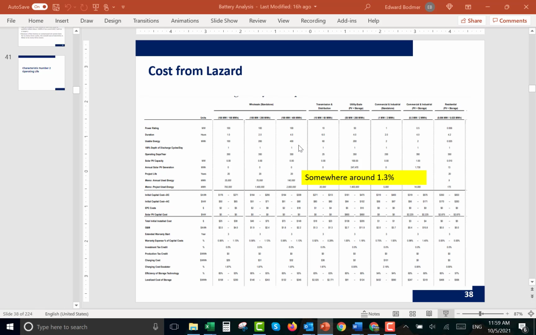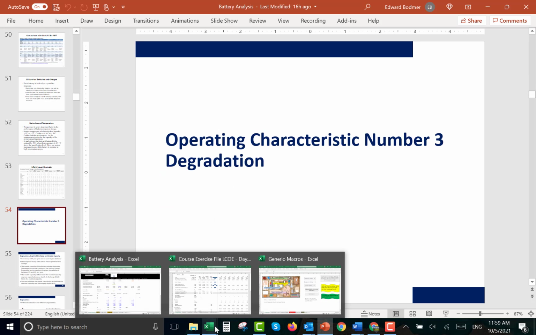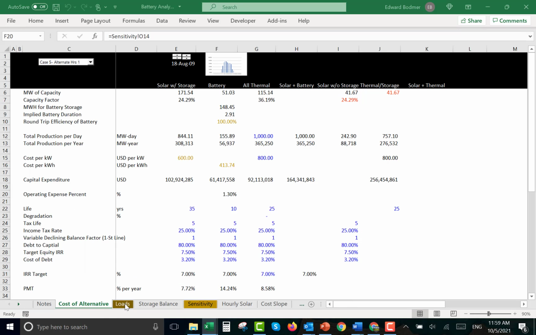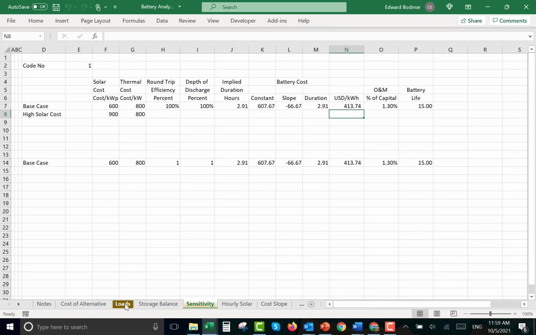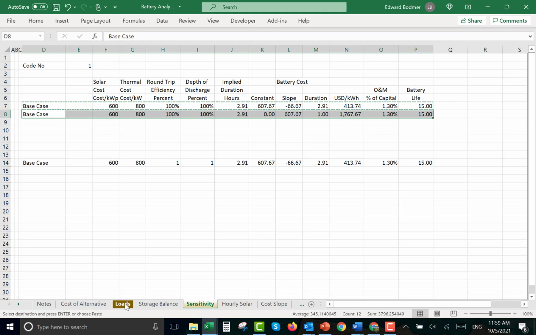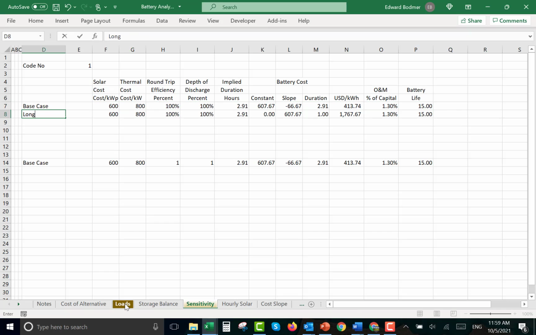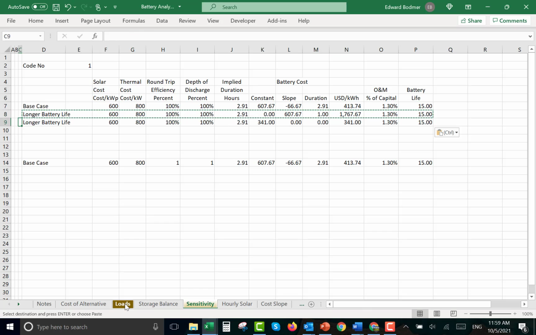And then you can look at our famous Lazard thing, okay? And what we're going to do now is I'm going to go to our sensitivity page, and instead of doing this, I'm going to copy this and put longer battery life, and then we'll copy it and put a shorter battery life.